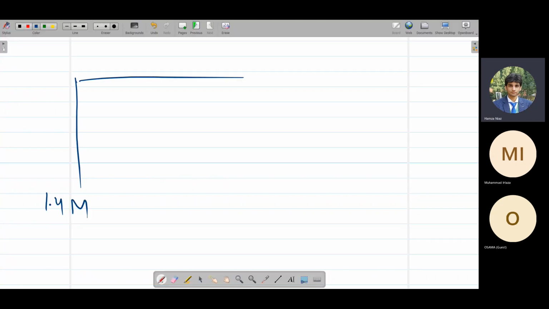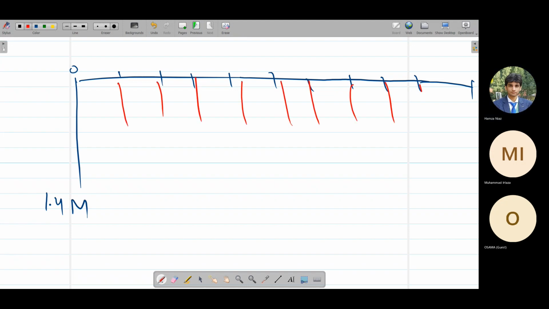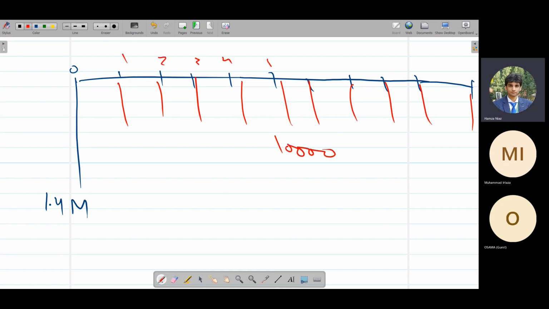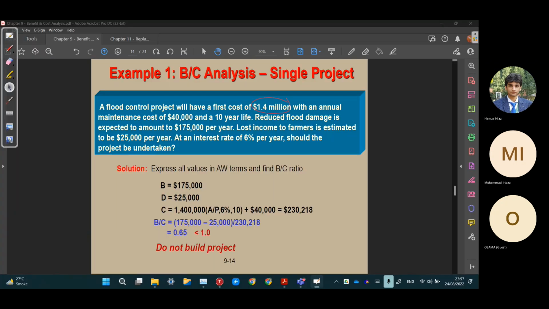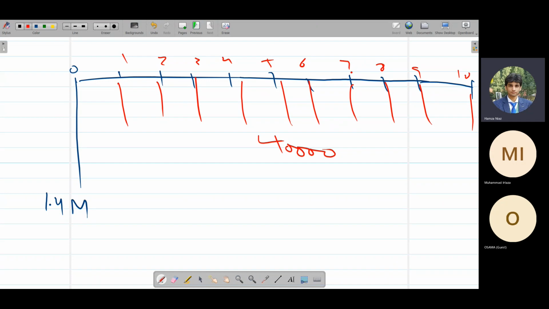The years are 10, so 0, 1, 2, 3, up to 10. Sorry, the annual operating costs are 40,000 for 10 years.